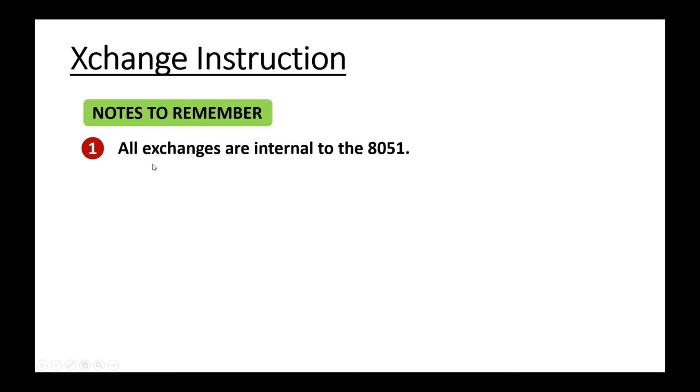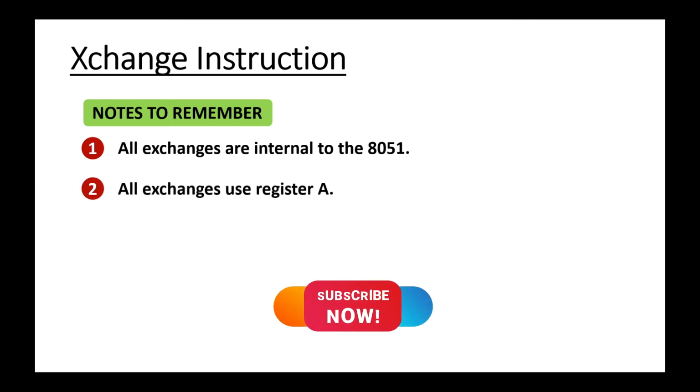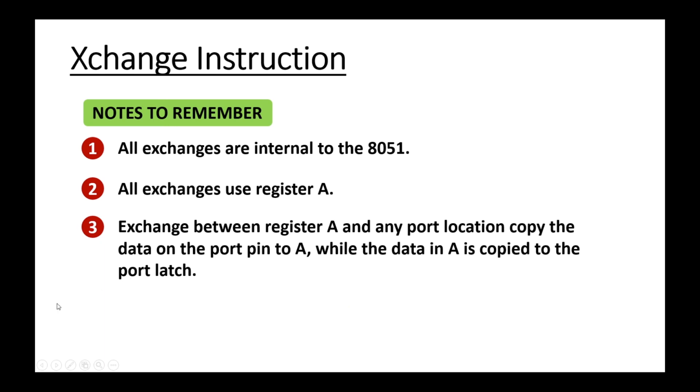So notes to remember: all exchange operations are internal to 8051. There is no external access. Exchange instruction is performed along with the accumulator. This is the most important point. When you are exchanging the content of the accumulator and any port, the data available on the port, what actually happens in the port?